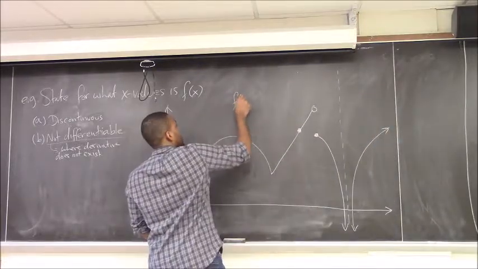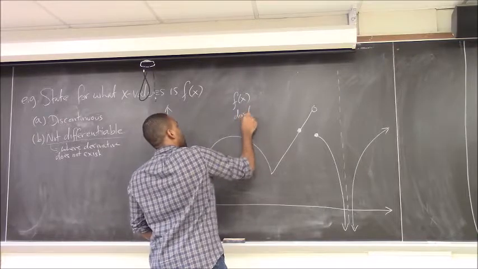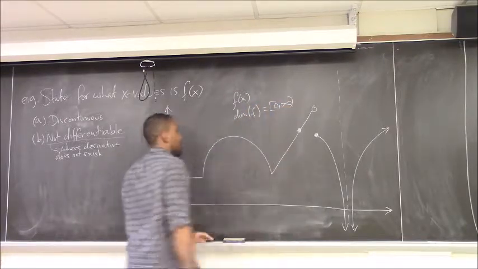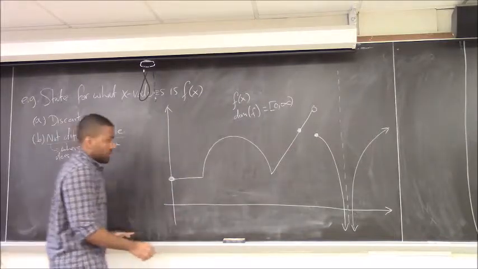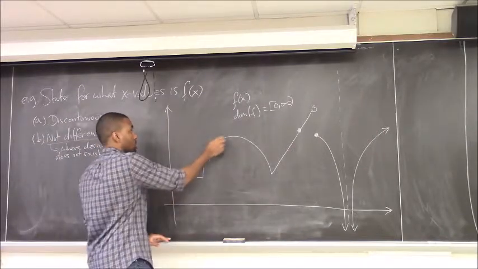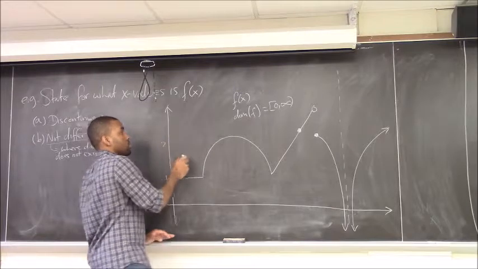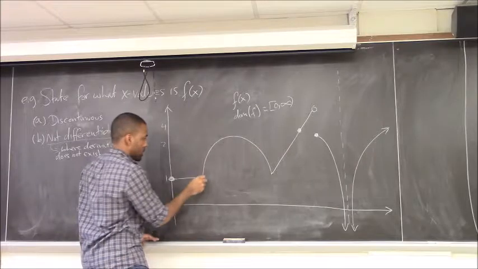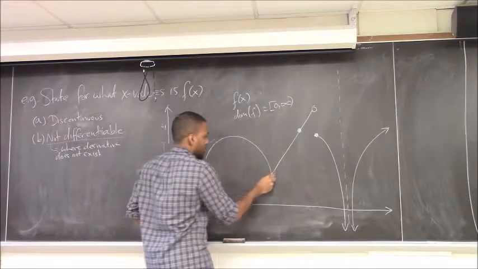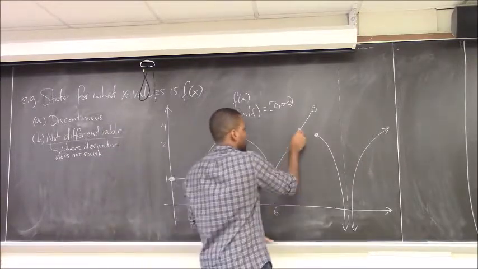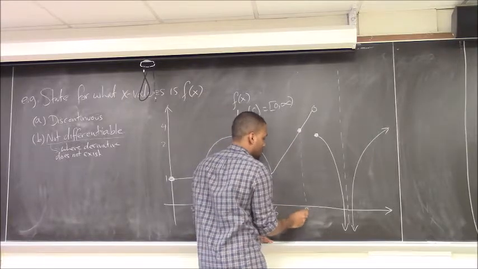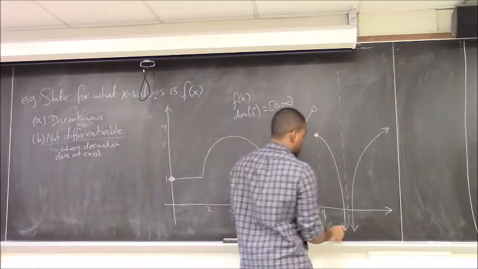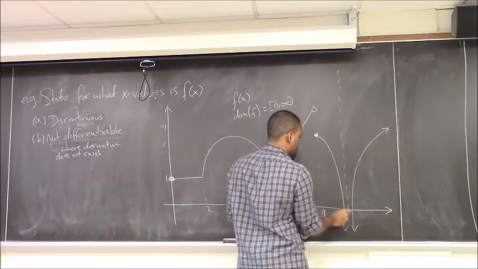Here's my f of x, where its domain is greater than or equal to 0, so I'm forgetting about the negatives. This is 1, this is 2, 4, 6, 8. This is 11.